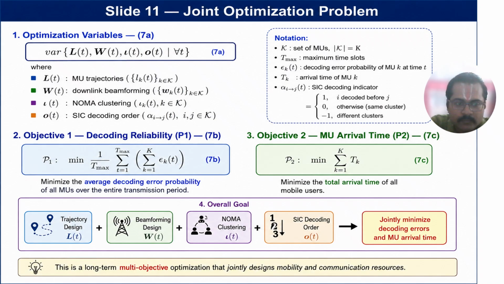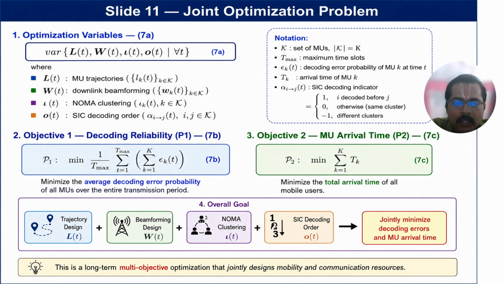Trajectory, if you see, goes from source to destination through locations along a curved path. Beamforming is done by the access point. Clustering is done at the receiver. Trajectory depends on the mobile robot.